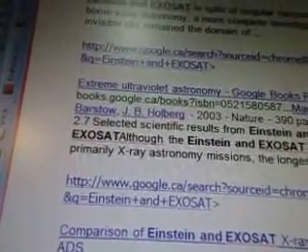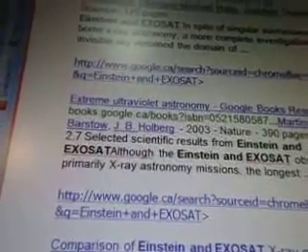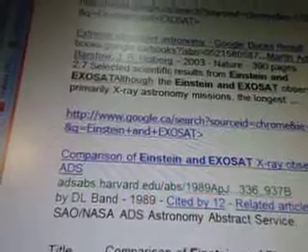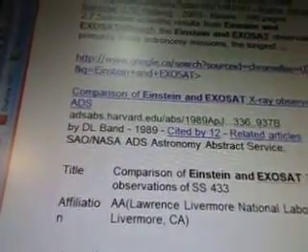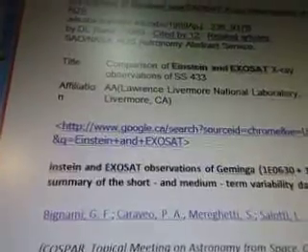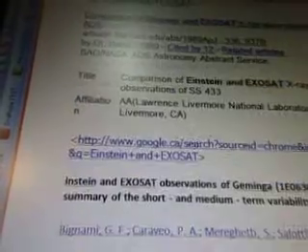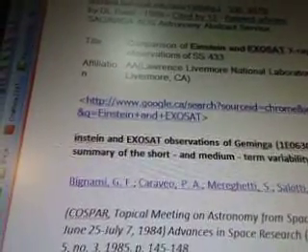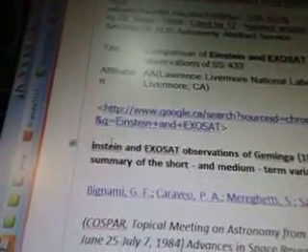Selected scientific results from Einstein and EXOSAT, although the Einstein and EXOSAT observatories were primarily X-ray astronomy missions. The next thing that comes up is a comparison of Einstein and EXOSAT from D.L. Band, 1989. Then Einstein and EXOSAT observations of Geminga.